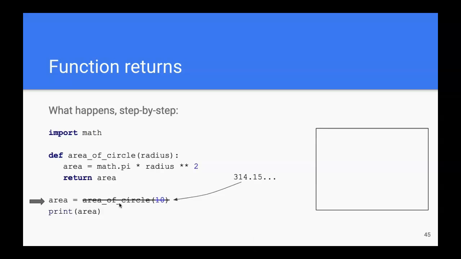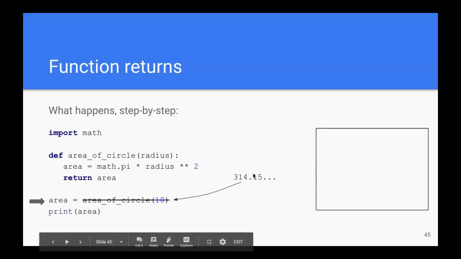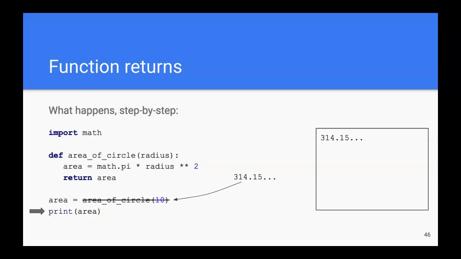You can think of it as this value literally replacing this function call. So we are assigning 314, the value returned by the function call, to the variable area. So area is now 314, and we print it out.